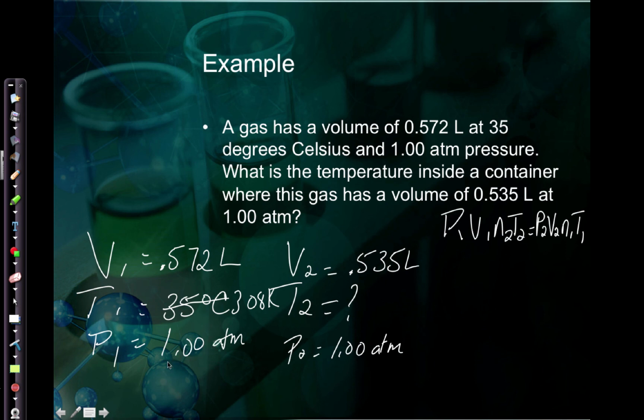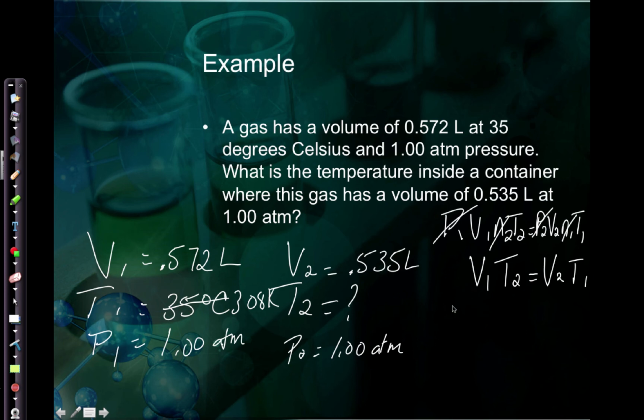Actually, it doesn't talk about the gas being released or gas being added, so I can take out amount. And pressure stays the same, so I can take that out too. It's being held constant, so really I'm just looking at volume and temperature.